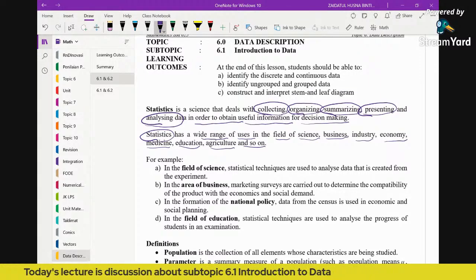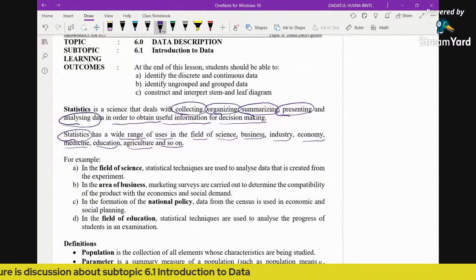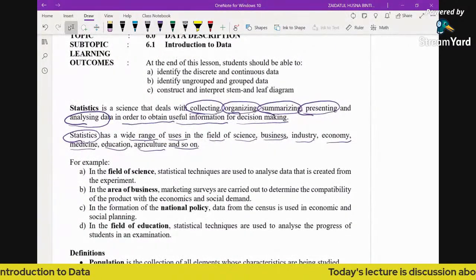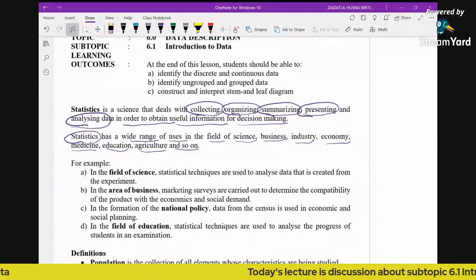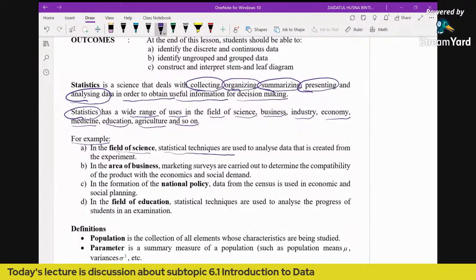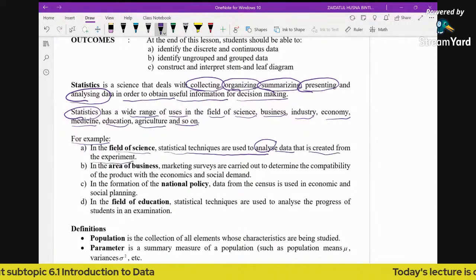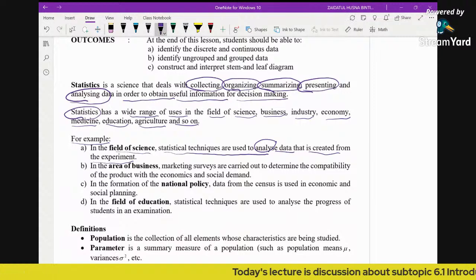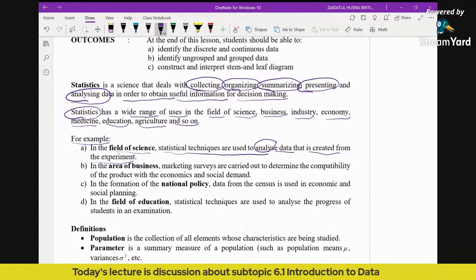Not only mathematicians apply statistics; in fact, politicians also apply statistics. For example, in the field of science, statistical techniques are used to analyze data created from experiments. Just like when you do the practical for biology, chemistry, and physics, you take some readings and jot down the outcomes.